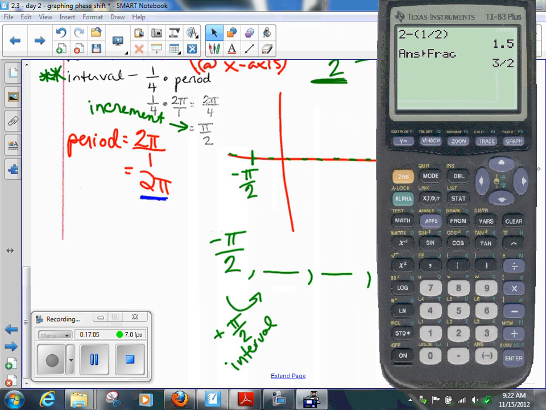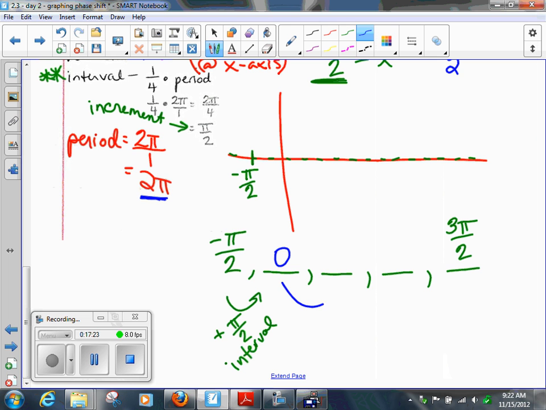Okay. Negative 1 divided by 2 plus 1/2 is 0, correct? Okay. 0 plus what? Plus pi over 2 is pi over 2.